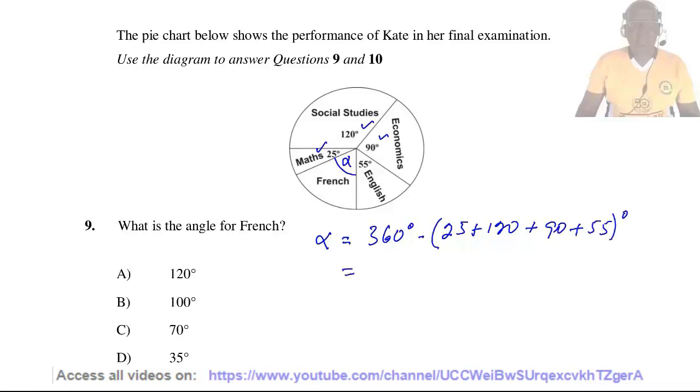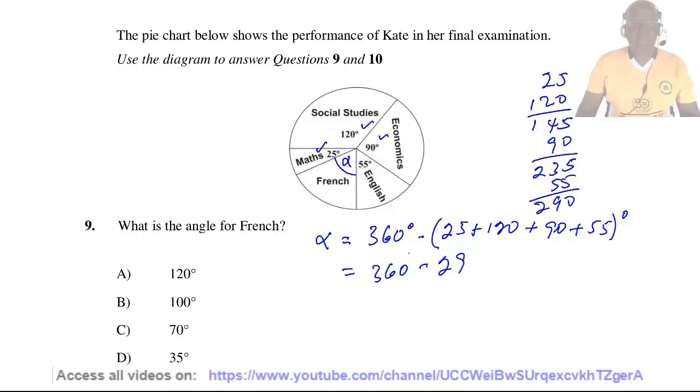So 25 plus 120 equals 145, plus 90 equals 235, plus 55 equals 290. 360 minus 290 degrees equals 70 degrees. So the answer is C.